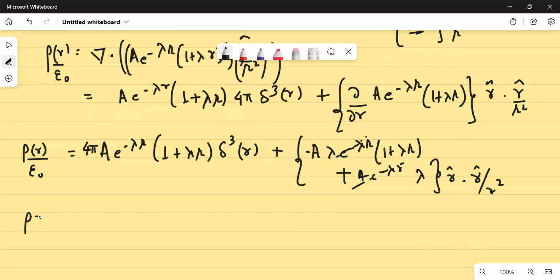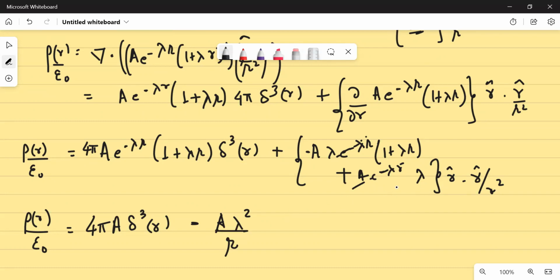rho r upon epsilon naught. And this will be 4 pi A Dirac cube of r. And then you will have, I think, minus lambda, it is lambda square. So you'll have A, you will have lambda square. I think you'll also have some r, and then you have this r square. So this will be r, and this r cap dot r cap will become 1.